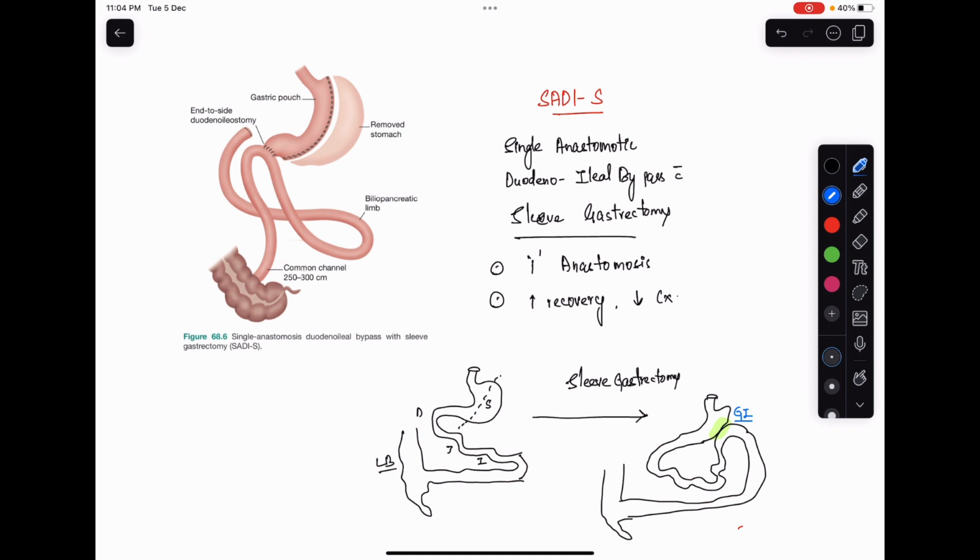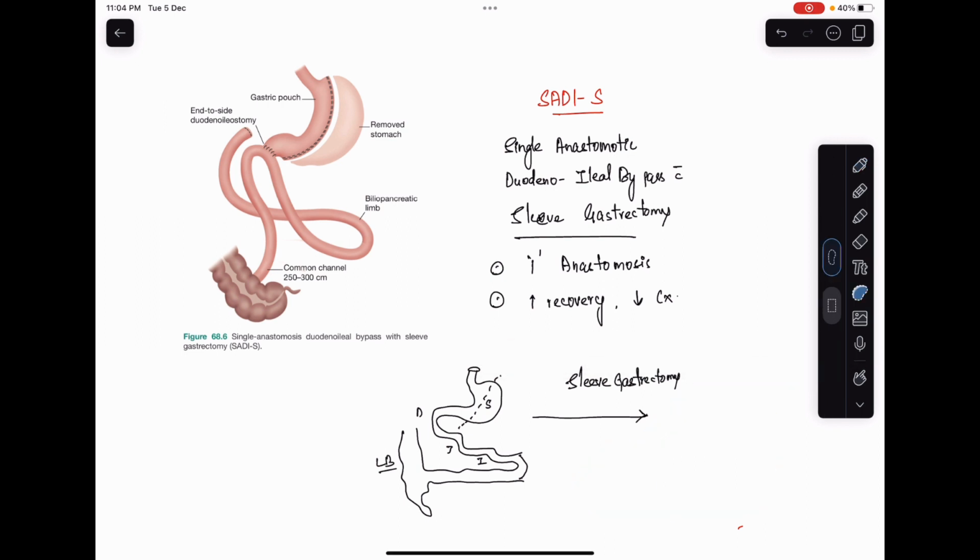So in single anastomotic duodenal bypass, we are doing first sleeve gastrectomy. Then, instead of creating a Roux limb and biliopancreatic limb, we are anastomosing ileum with duodenum directly, which is why it is called duodenal bypass. So the resultant anatomy may look like this.